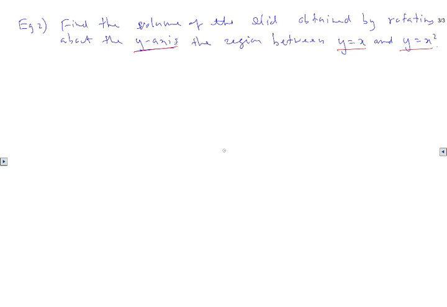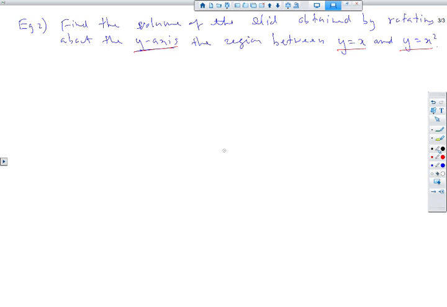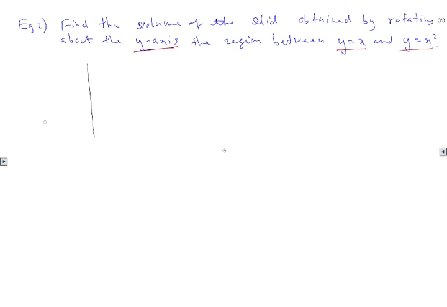Those are all important. So let's draw the situation. So we have y equals x and y equals x squared. Okay, so they meet at a point, and then we rotate this region about the y-axis, and if you do that, it's gonna go like that, and also it's gonna go like this.